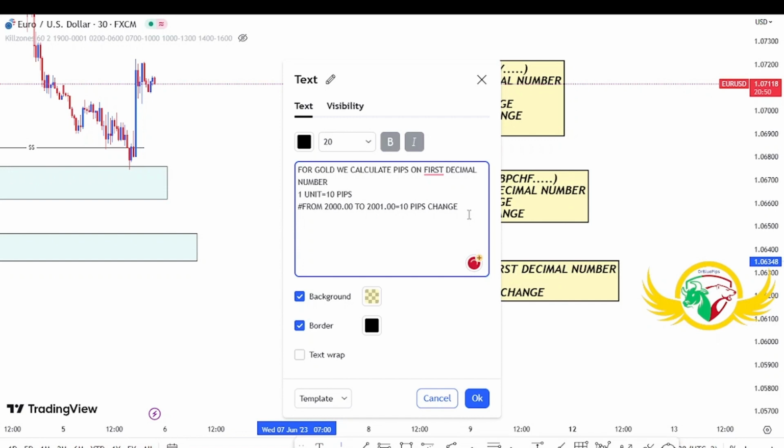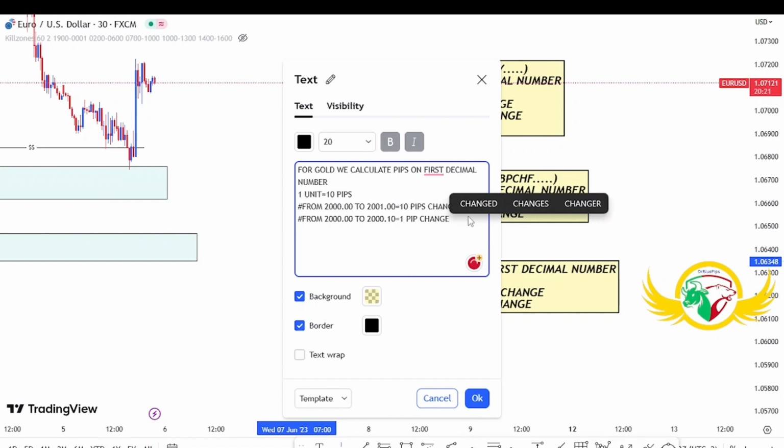So another example, if it moves from 2000 and it goes to 2000.1, like this .10, this is 1 pip change.